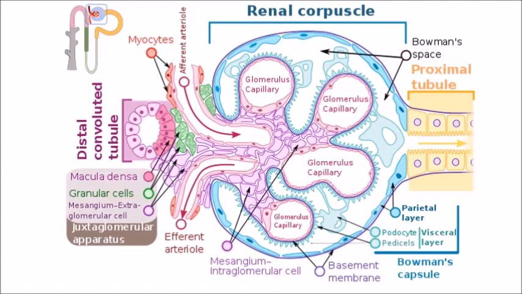The inner and outer layers of Bowman's capsule are respectively called the visceral layer and parietal layer. The visceral layer is formed of special epithelial cells called podocytes or foot cells, having pit-like structures, thousands to millions of minute pores called slit pores for the passing of ultrafiltrate.